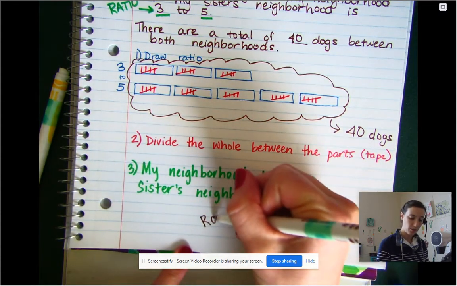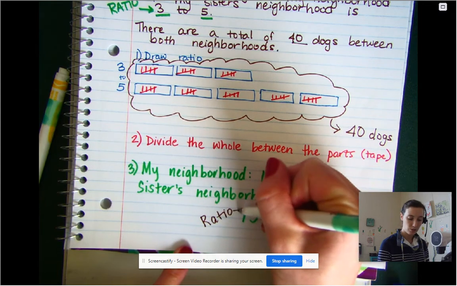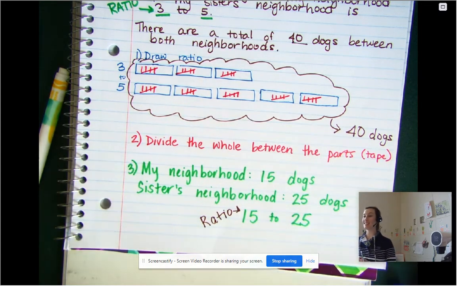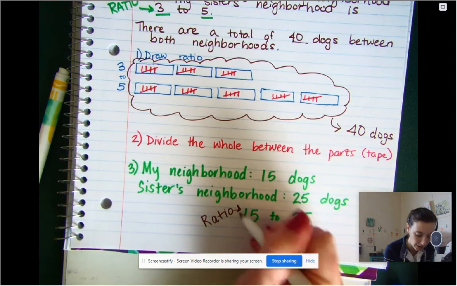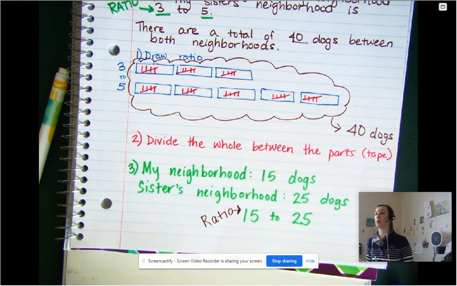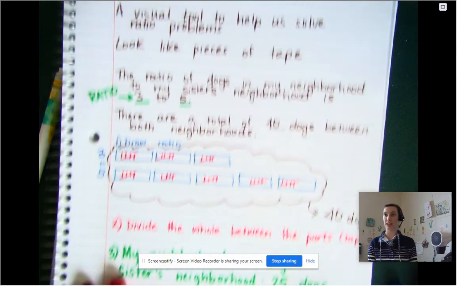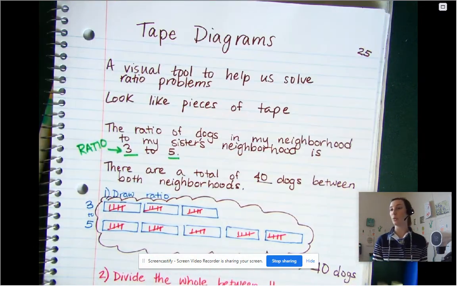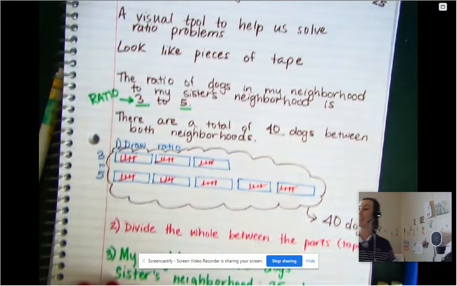That ratio is equivalent to the first ratio we had. They mean the same thing, kind of like equivalent fractions or equivalent expressions. Now we have equivalent ratios that mean the same thing. So that is what a tape diagram is and how to use one.